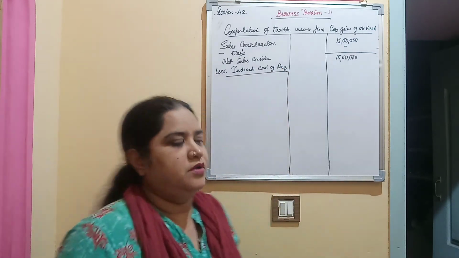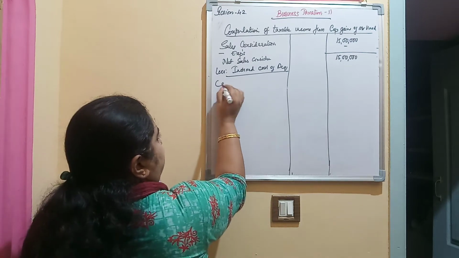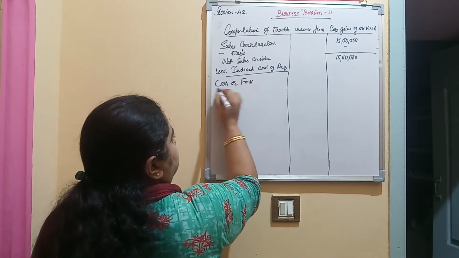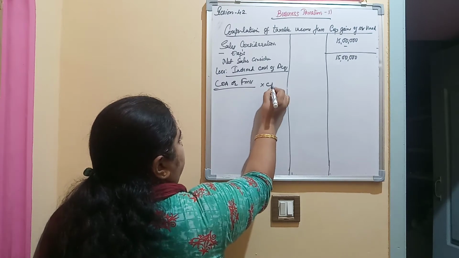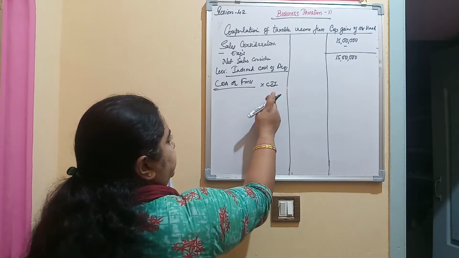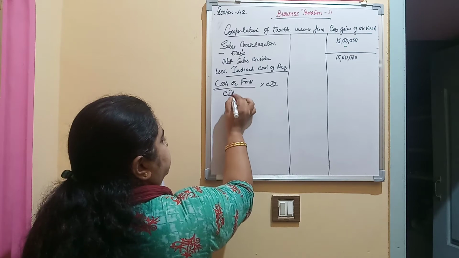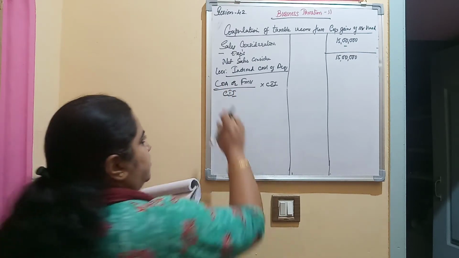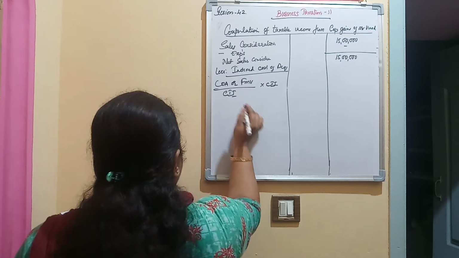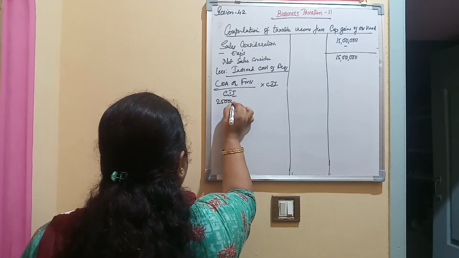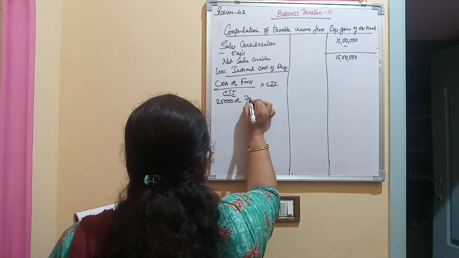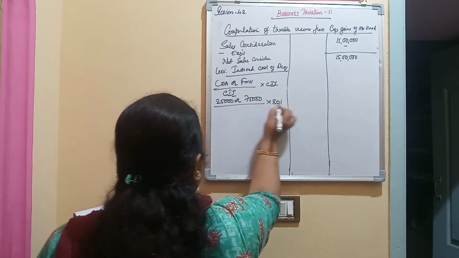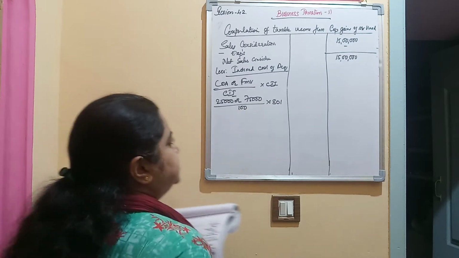First of all, you take the cost of acquisition or the fair market value, whichever is least, multiplied by the cost of inflation index during the previous year, divided by the cost of inflation index in the year when the asset was acquired. What is the cost of acquisition given in the problem? It is 25,000. Fair market value is also given. It is 75,000. The cost of inflation index during the previous year is 301.